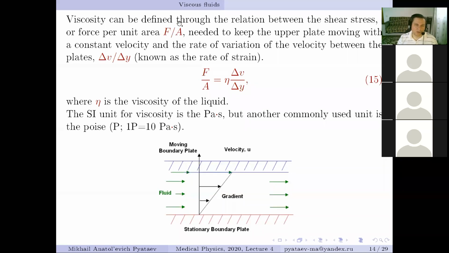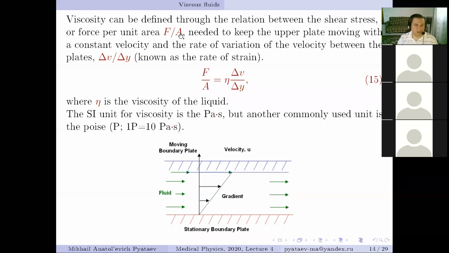So the force is proportional to area. We will discuss the force divided by this area, because we don't want an equation for some specific object. We'd like a general equation. That's why we should divide by area, which can be different from one object to another.